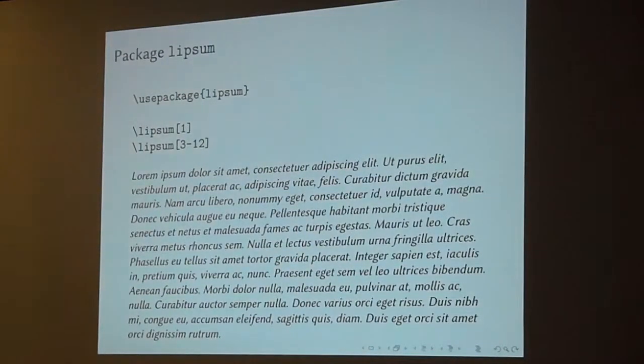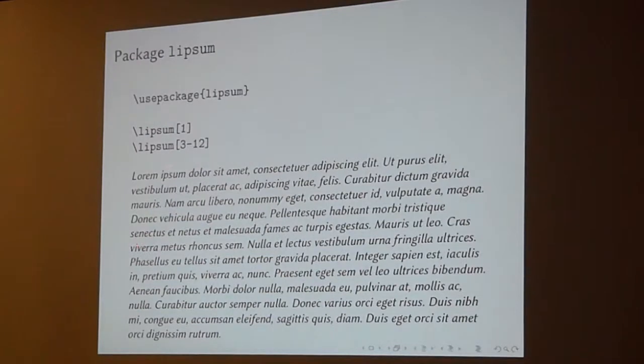So this Latin package called lipsum provides, in fact, one command, and you can ask it, give me one paragraph of text. It has a list of predefined paragraphs. For example, the first paragraph starts with the classical lorem ipsum dolor sit amet and so on.